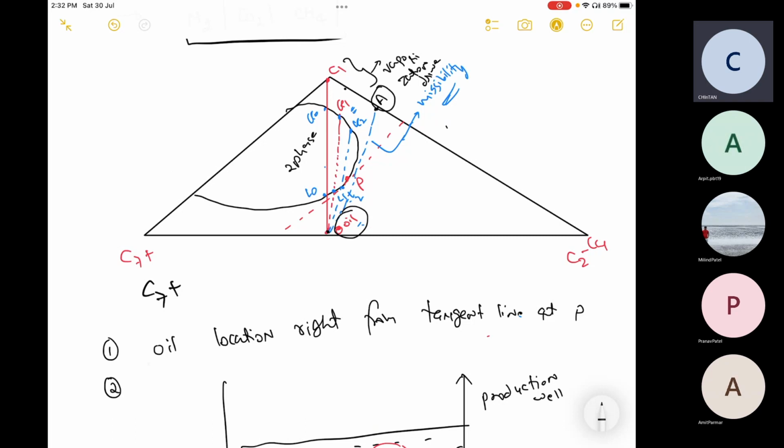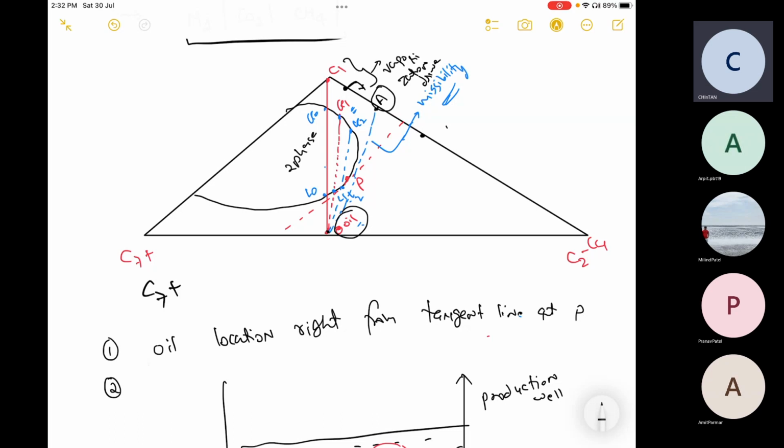Let's suppose C1 is here, then again it will contact with O inside the two phase zone and shift toward this A point.